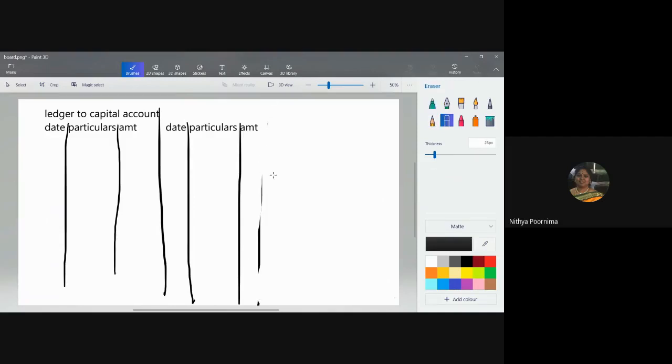How many transactions has happened in the capital account? Only one transaction, which comes on the debit side as well as on the credit side. So this will be your credit side, this will be your debit side.